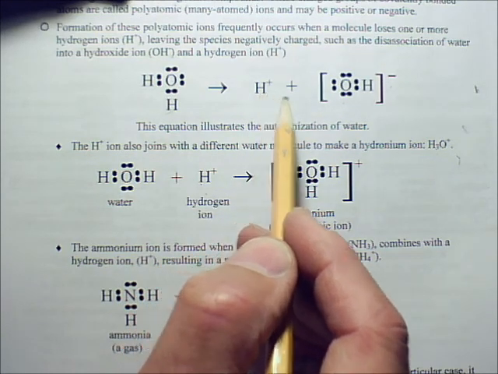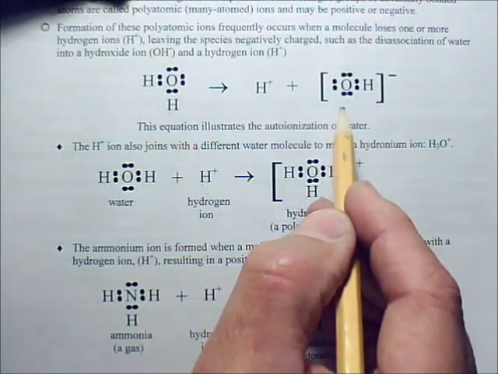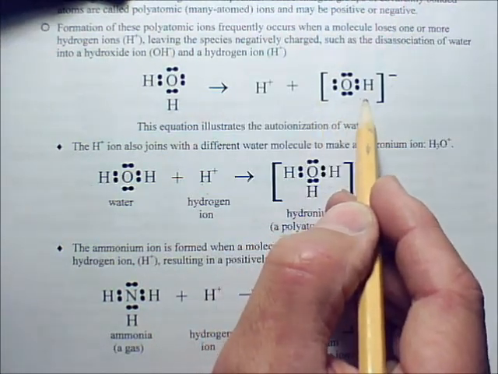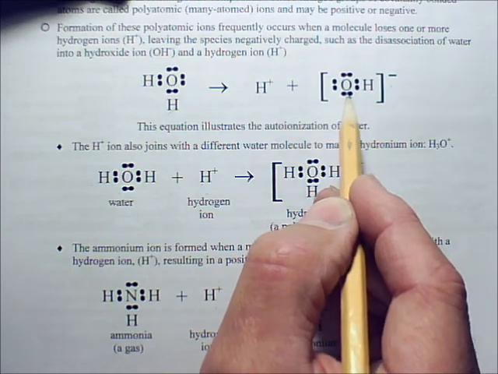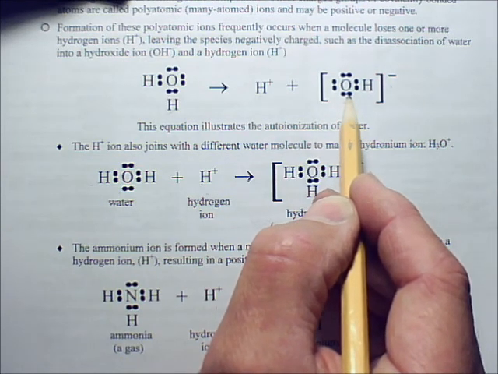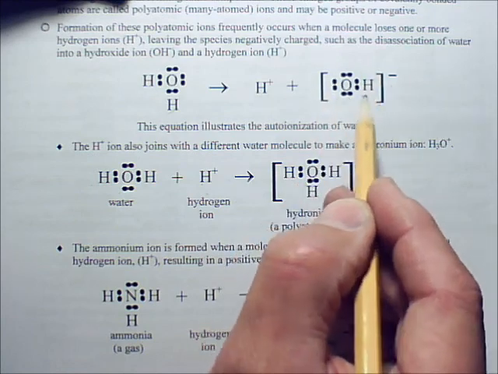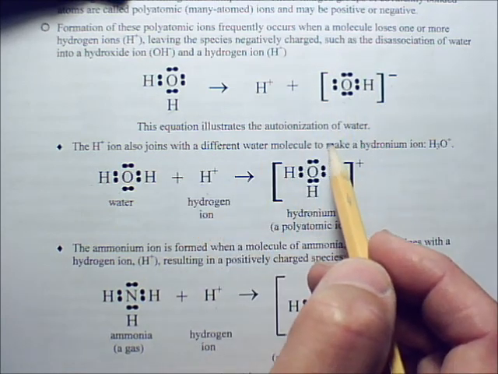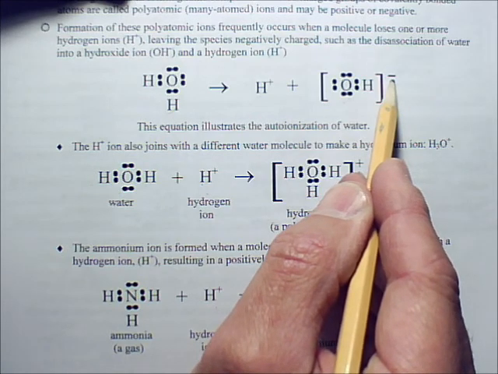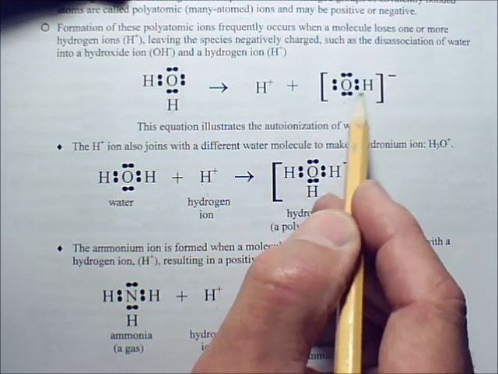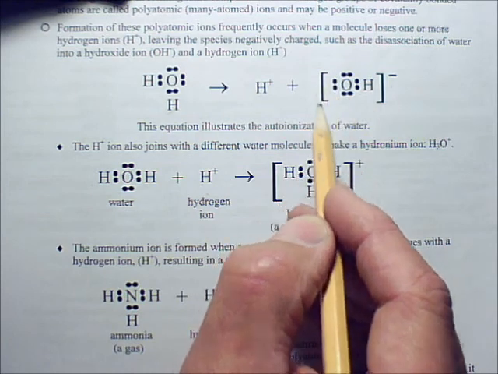Okay? The other part that remains then is called a hydroxide ion. One of these two electrons here is one that the hydrogen left behind. So this structure here has an extra electron. And electrons are negatively charged, so the whole structure has a negative charge. This negative charge is shared through this whole ion.